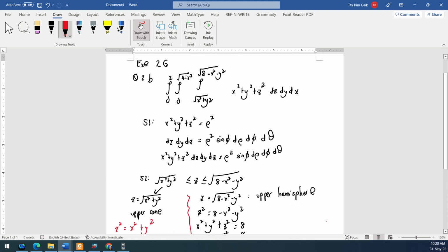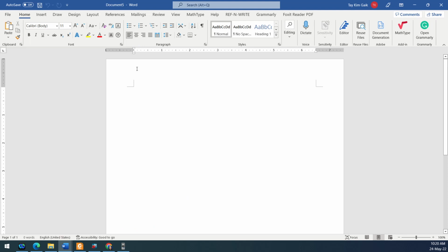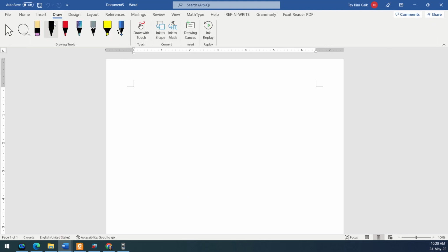From the limit for y, the limit for y is from 0 until square root of 4 minus x squared.